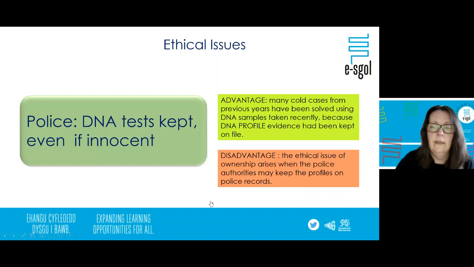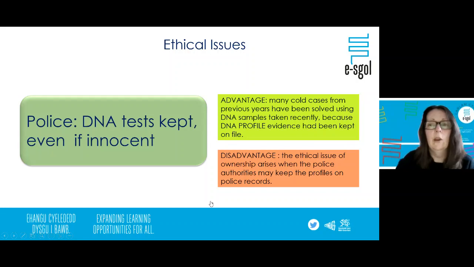So here you can see that the ethical issue of ownership might arise because the police keep the profiles on police record. So who owns that information, even though it's your DNA? Do the police own it, or do you own it? It is, though, advantageous that that information may be kept.